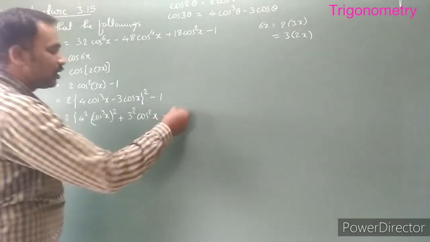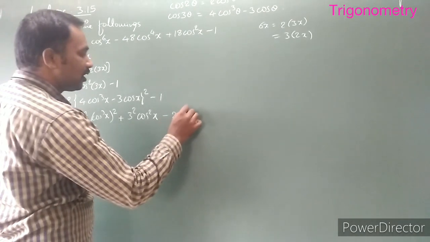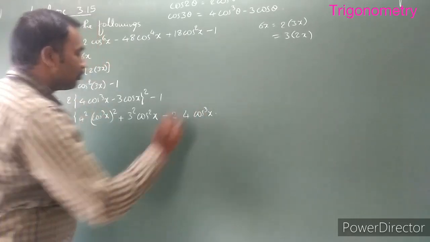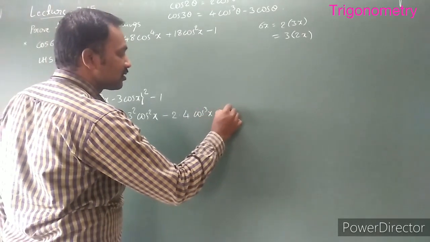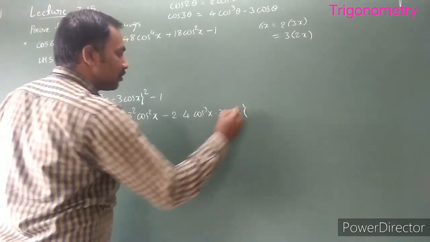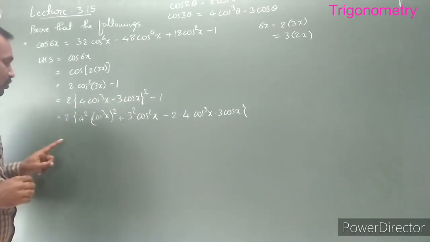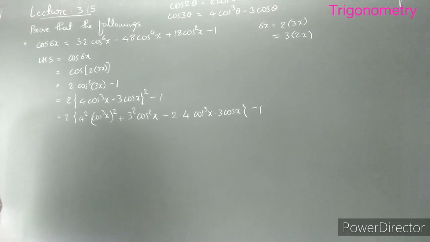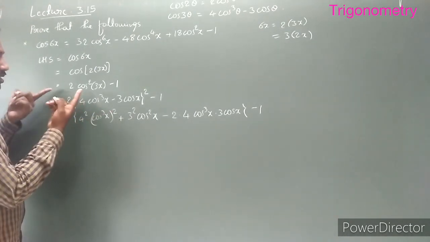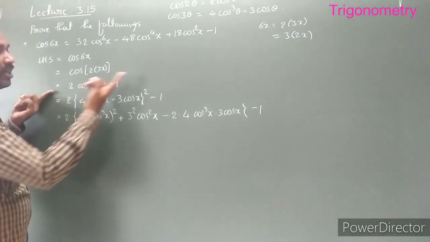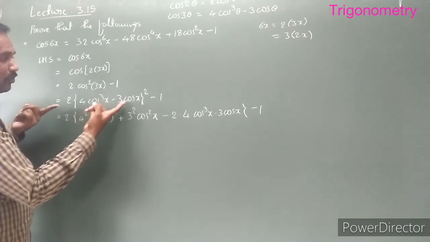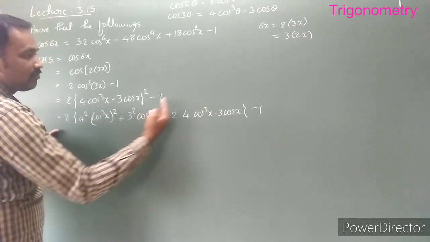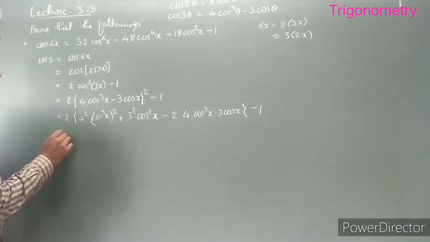Minus 2 into a value, 4 into cos^3 x, into b value, 3 cos x. The bracket value a minus b whole square is then multiplied by 2, minus 1 as it is. I just replaced the cos 3x formula; the 2 is outside the bracket and the minus 1 is outside.